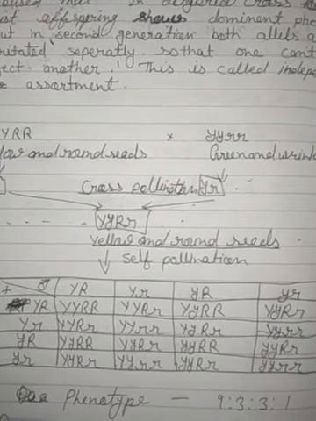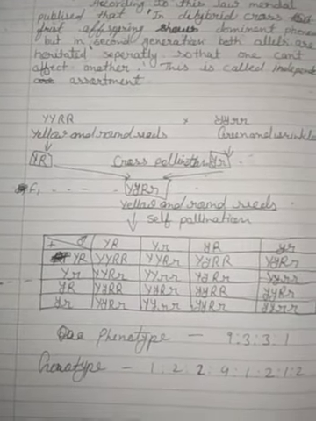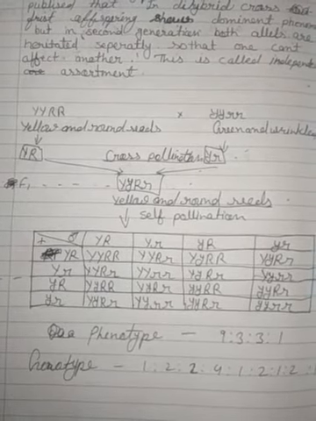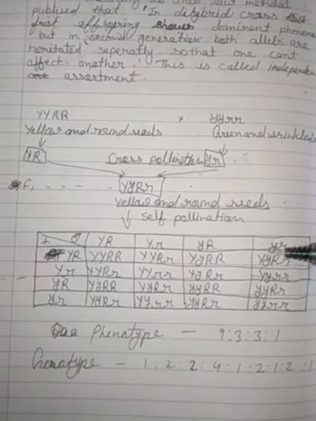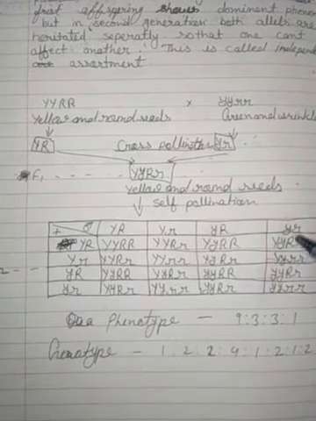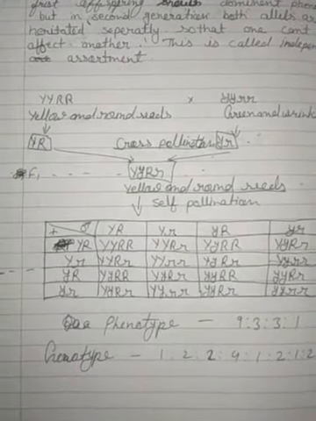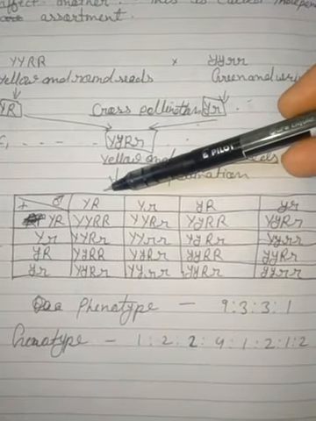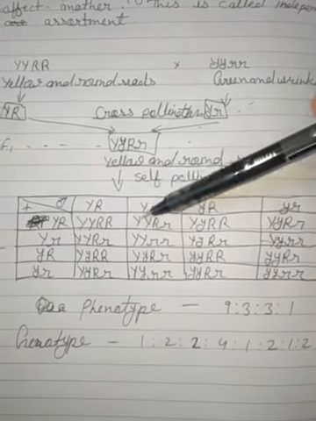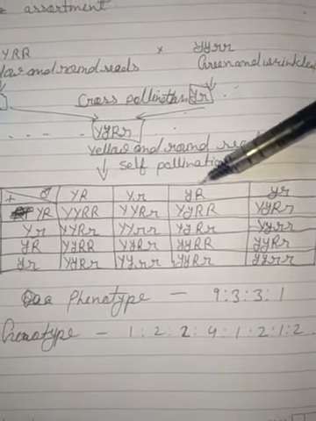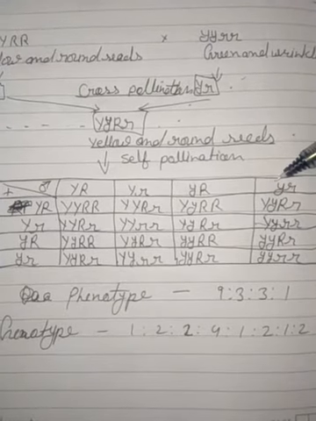This is a mixed. So when we go to the second generation through self pollination, we can separate the gametes into four forms: capital R capital Y, capital R small y, small r capital Y, and small r small y.